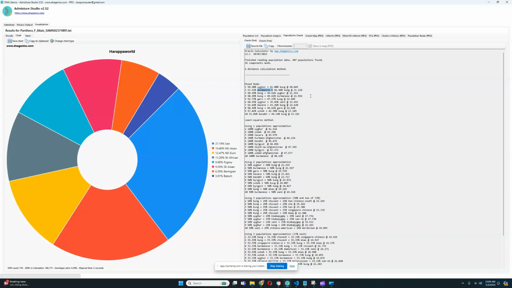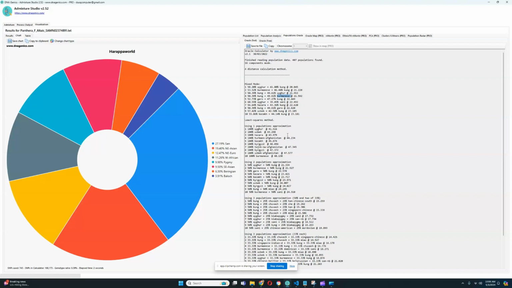So a mixture of basically Central Asian plus South African hunter-gatherer is what she's getting modeled as. So just kind of like a mixture of African and Central Asian, or African and East Asian, seems to be what this individual is getting modeled as, with various ethnic calculators. Here with Harappa World, there is definitely a little bit of European ancestry that is found.